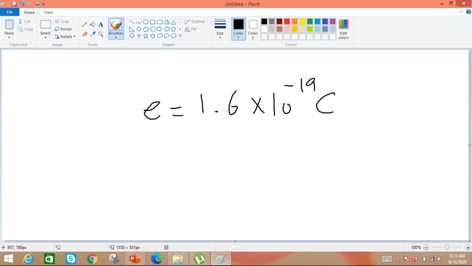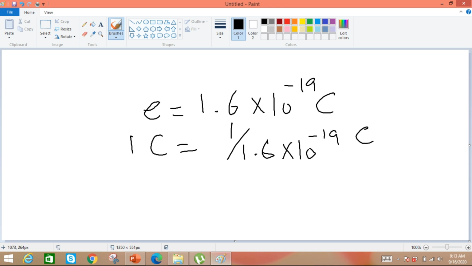Now if we talk about the coulomb, 1 coulomb of charge is really a very big amount. 1 coulomb of charge will be equal to 1 divided by 1.6 into 10 raised to the power minus 19 electrons.